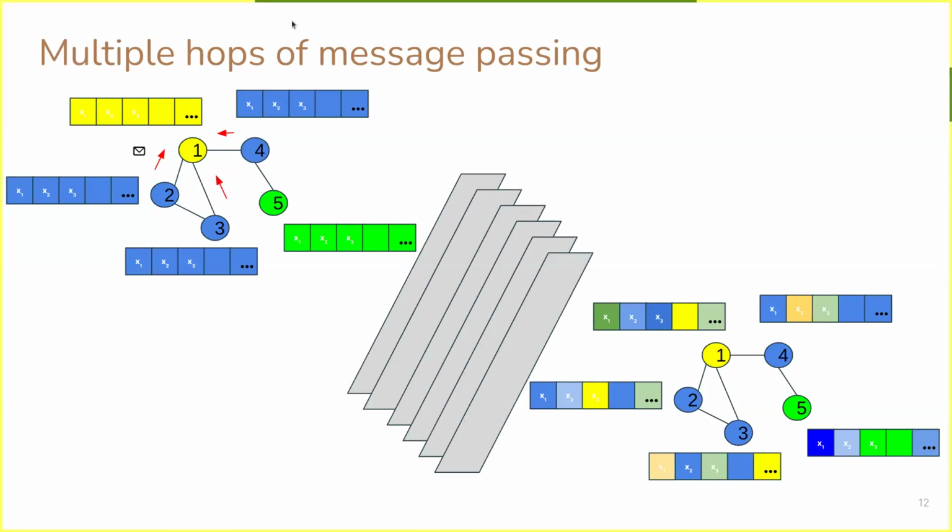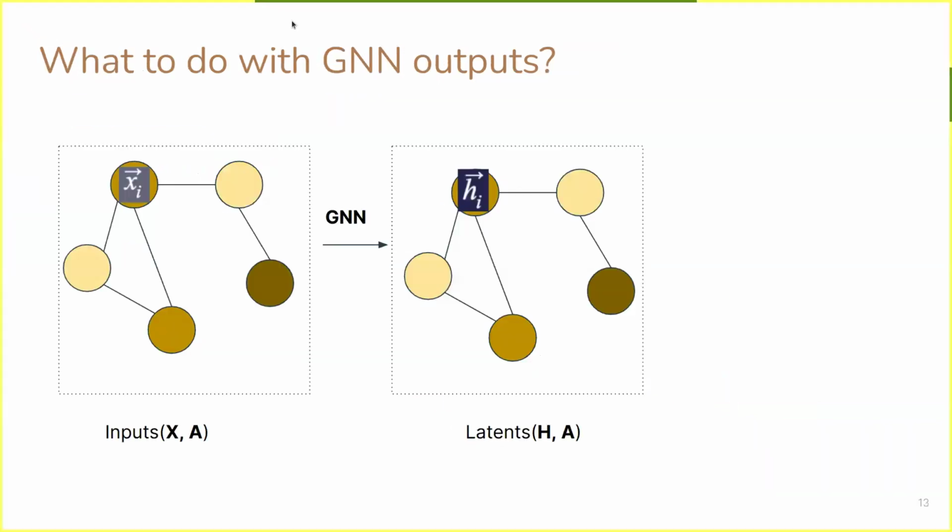If we repeat this process over and over, it's almost similar to a convolution, where in each layer we are doing some sort of message passing, which is the aggregate and update of the target node's embeddings.